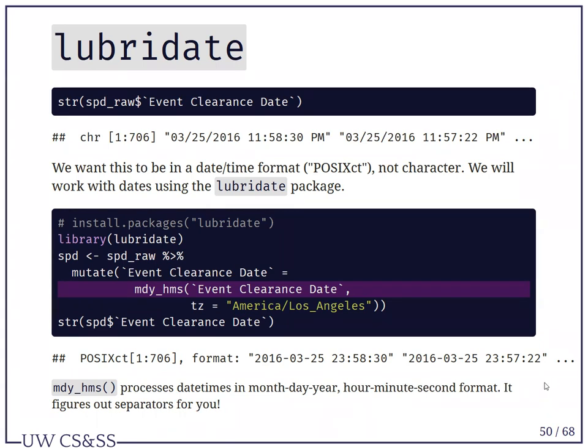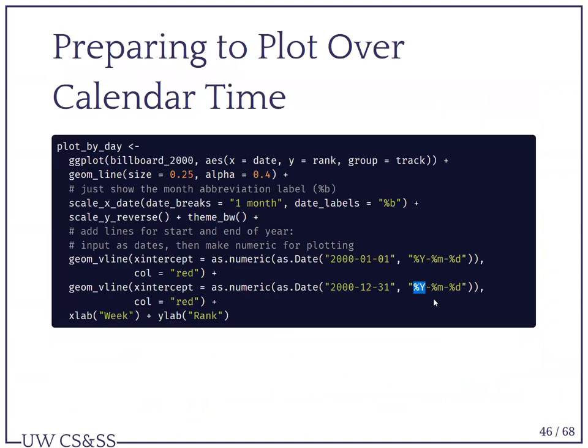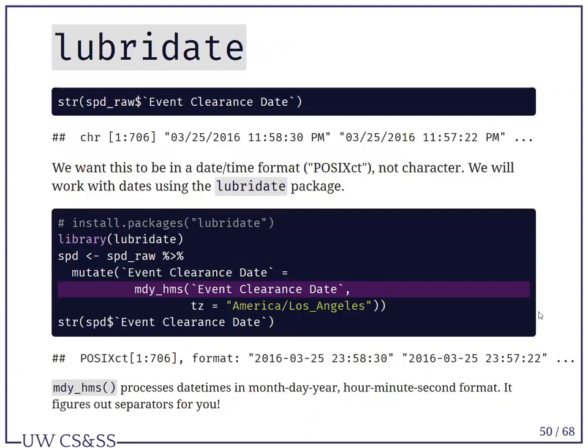The typical way you had to do this in the dark ages was to use these kinds of strings and know that the capital Y means 2000, all numbers, and then use the same separator between each thing in order to coerce things to be a date. But lubridate just does that for you and will still do the job if there's a change in the separators between each of the things. It's really great.